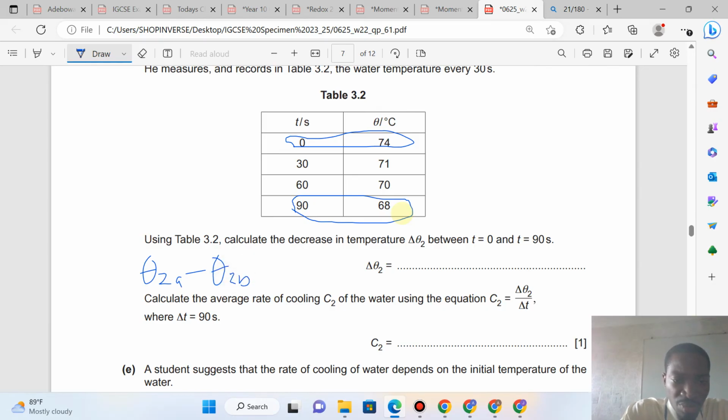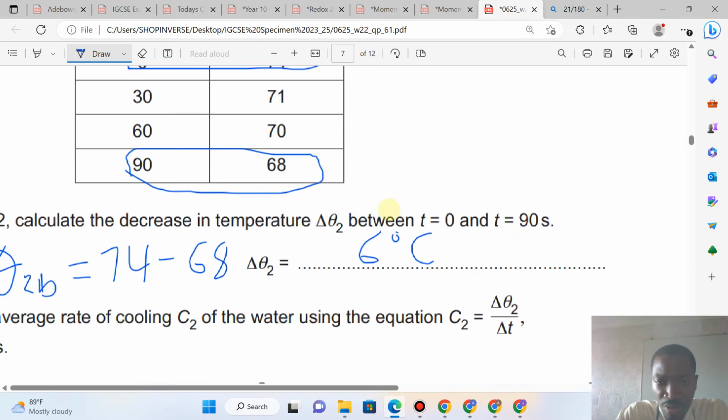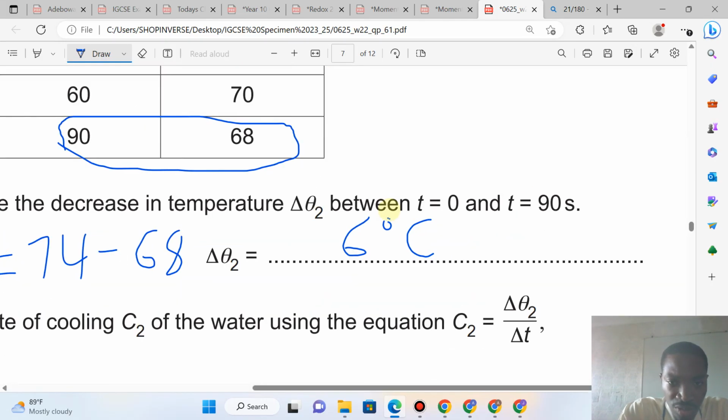So I'm using A and B. A is the initial temperature and B is the final temperature. The initial temperature is 74, which is what we have in the beginning, and the final temperature is 68. That will be 74 minus 68, and the answer will be 6 degrees Celsius.